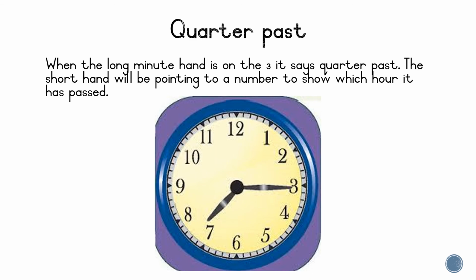The long minute hand is pointing to the 3. When it points to the 3, we say it's a quarter past. Now, what did it pass? What hour? Let's look at the short hour hand. Yes, it's the 7. So we can say that the time on this clock is 7:15.